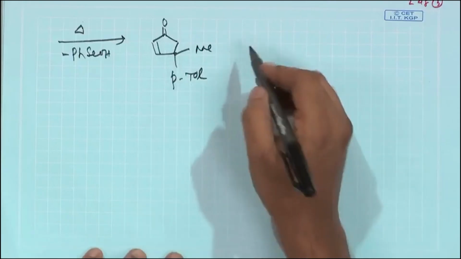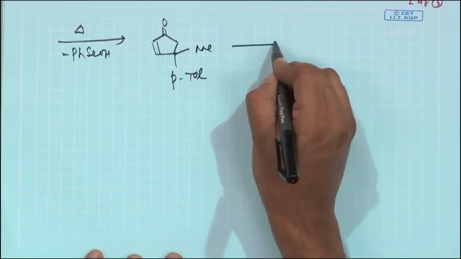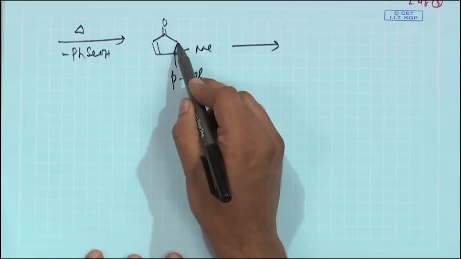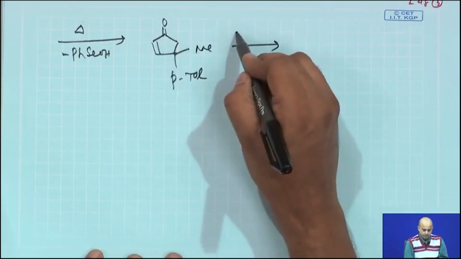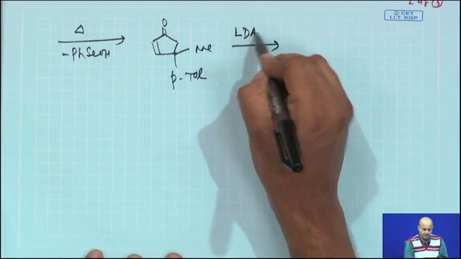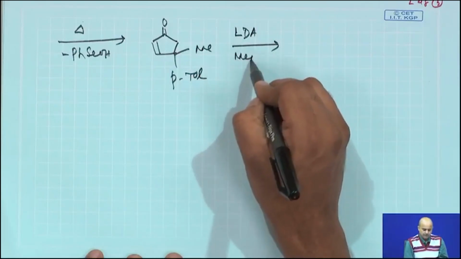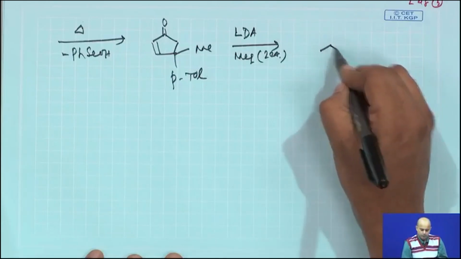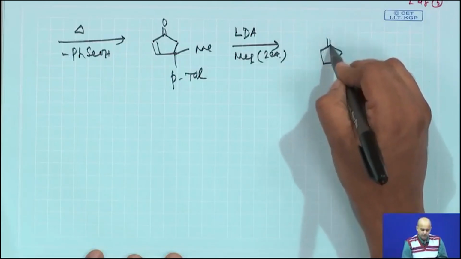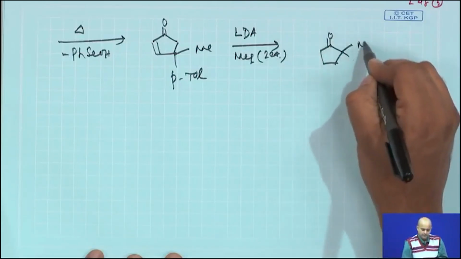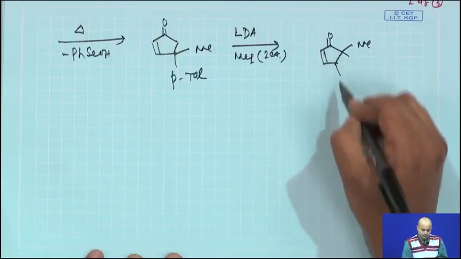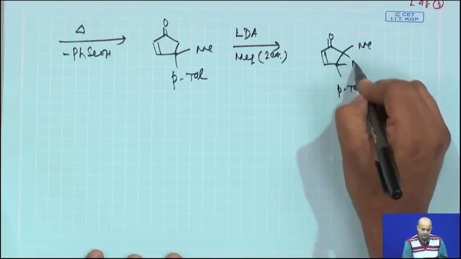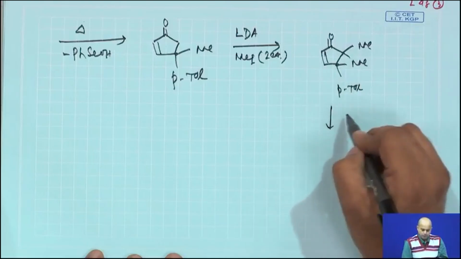Now, in this intermediate we have already discussed, you are having alpha beta unsaturated carbonyl at one end, you are having this methylene group still intact. So, now react with LDA, excess methyl iodide 2 equivalent to introduce the gem dimethyl group here. Your para-toluene and this methyl. So, you are almost close.